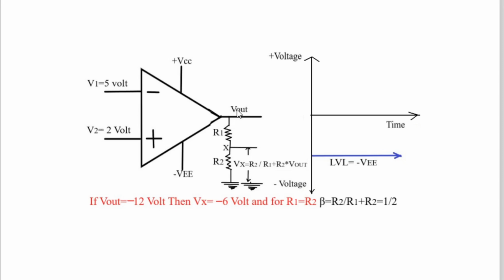It is minus 6 volt because the output is minus 12 and the potential divider circuit is the same. Again we are considering R1 equal to R2. Therefore this potential Vx is equal to minus 6, and beta is equal to R2 divided by R1 plus R2. So you can stop the slide and watch this slide, all information is given over here. Now this op amp along with this potential divider circuit is used in the Schmitt trigger.